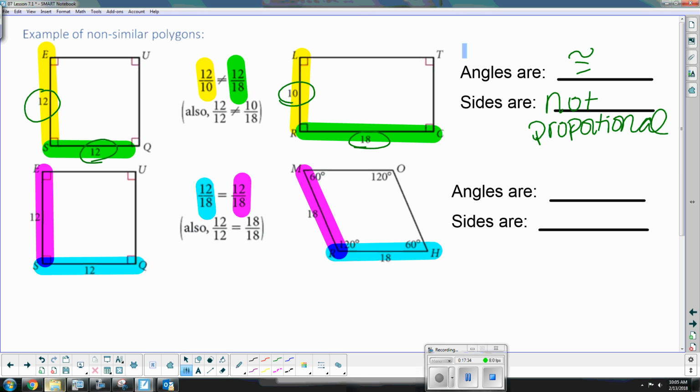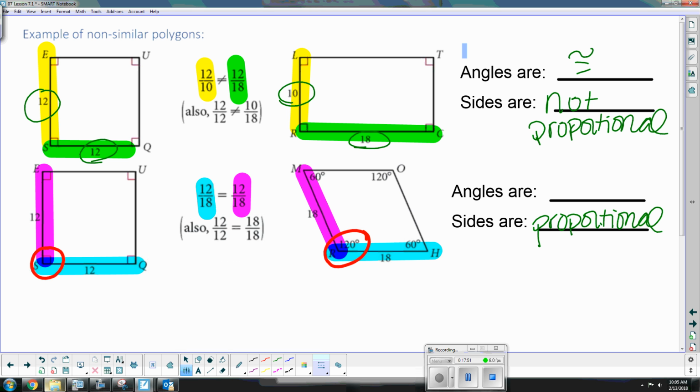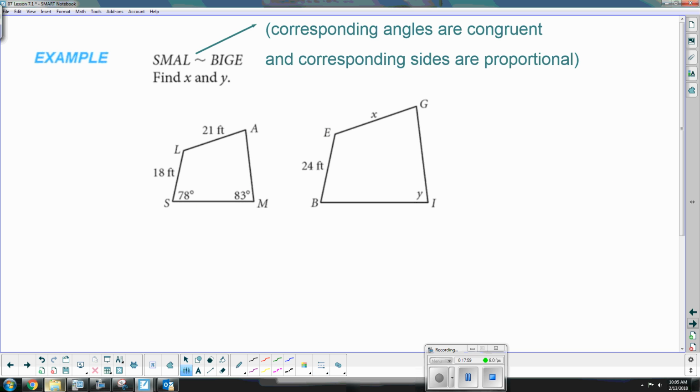So we can say that the sides are proportional, but if you look at the angles, let's look at angle S, for example, and angle R. Those angles are not congruent. Therefore, those two quadrilaterals are not similar.